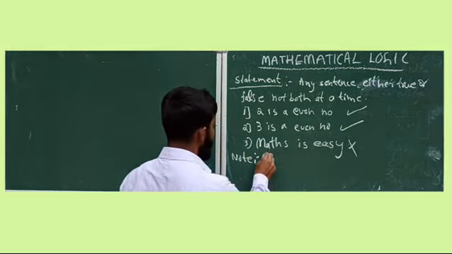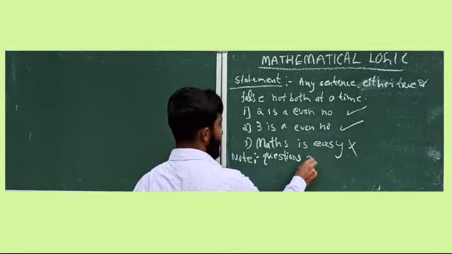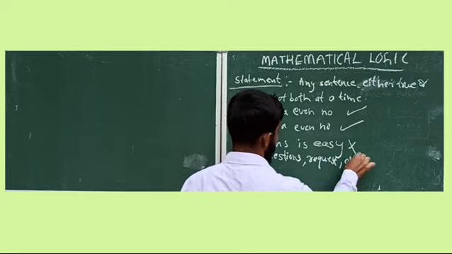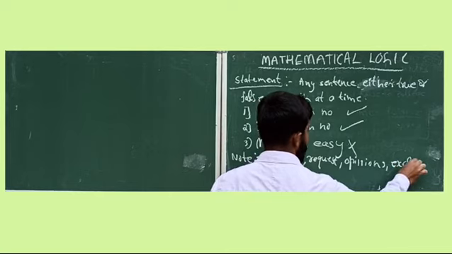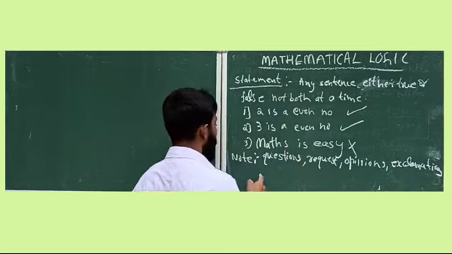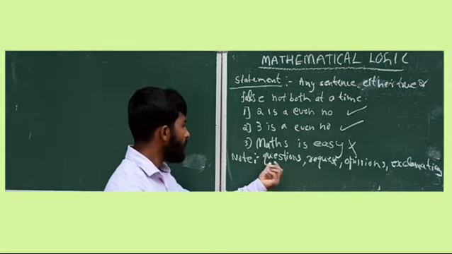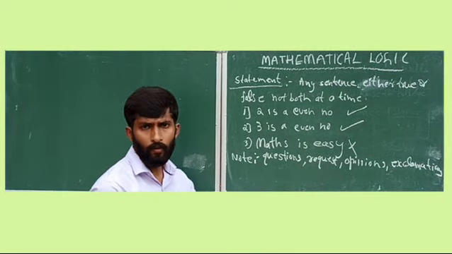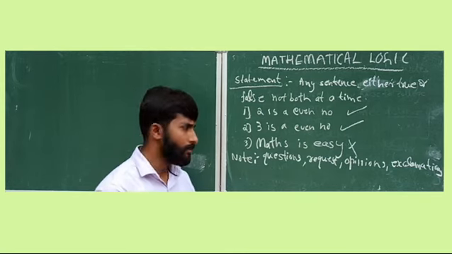Any sentence with questions, requests, opinions or exclamations, etc., is not an example for a mathematical statement. If your sentence is a question, like what is your name, how are you, it's not a mathematical statement.